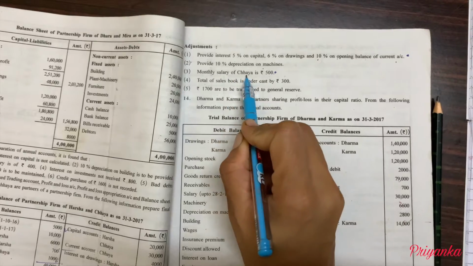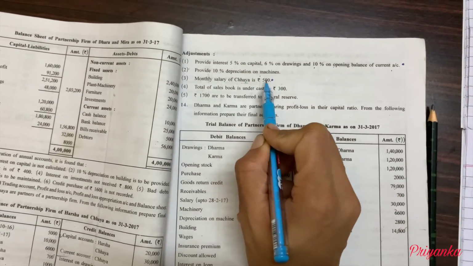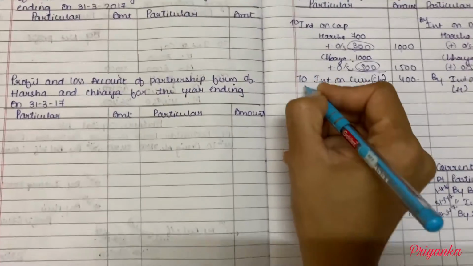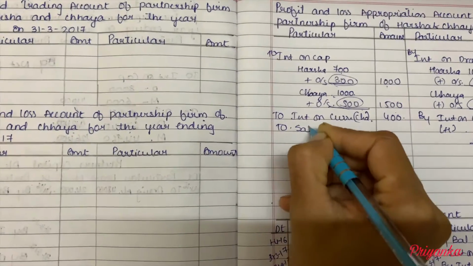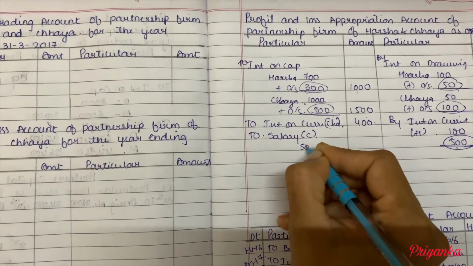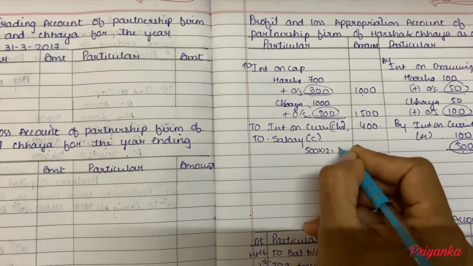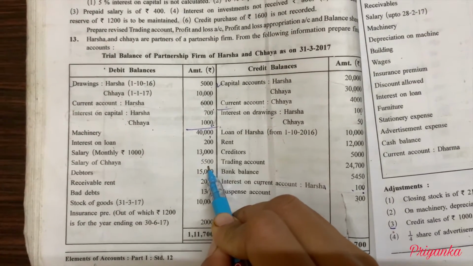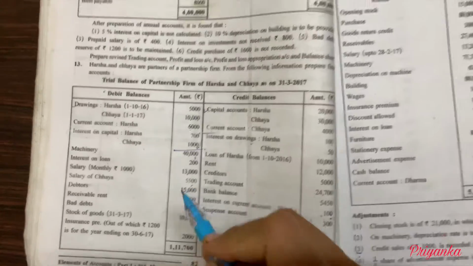Next, monthly salary of Chaya, now she is a partner, is rupees 500. Now here we'll calculate salary of Chaya. If we calculate it, 500 into 12, it would be 6,000. In the trial balance, you can see the salary of Chaya is given as 5,500.